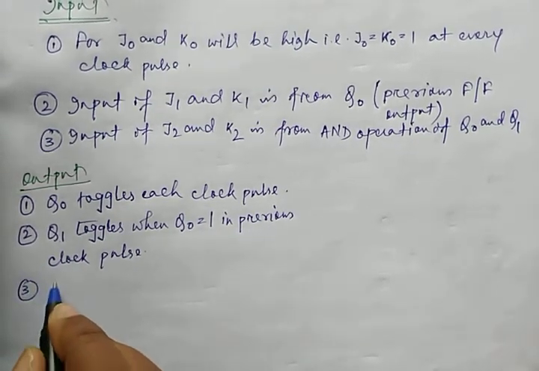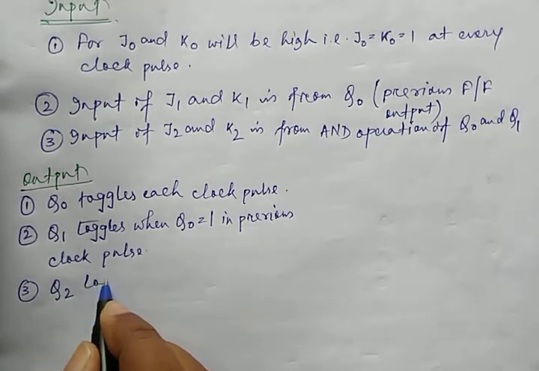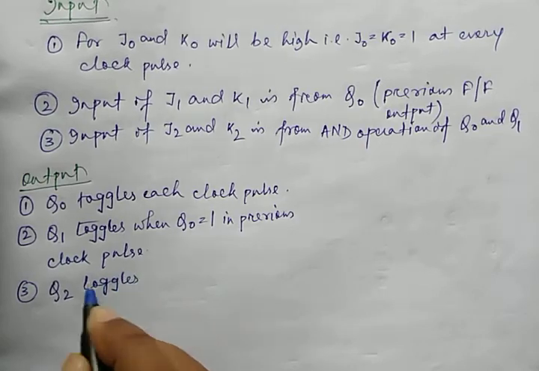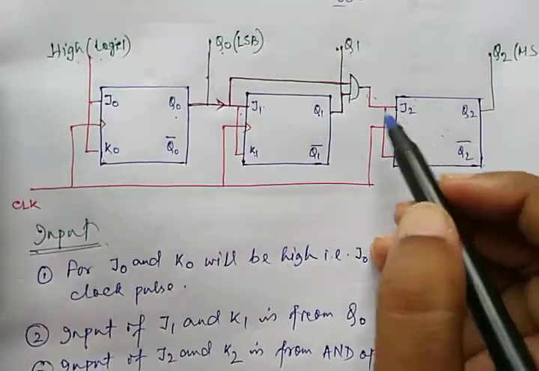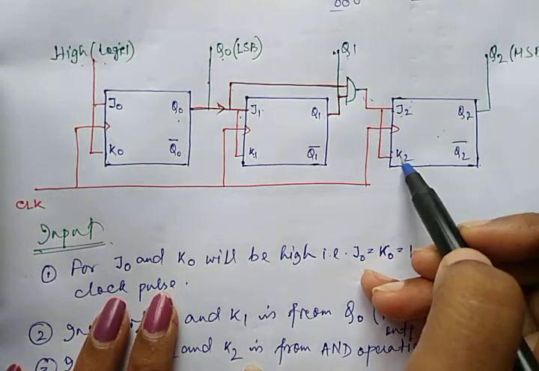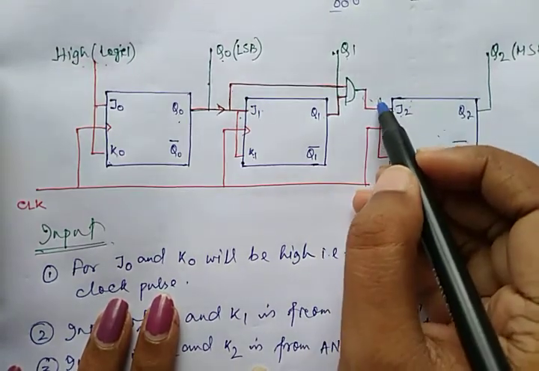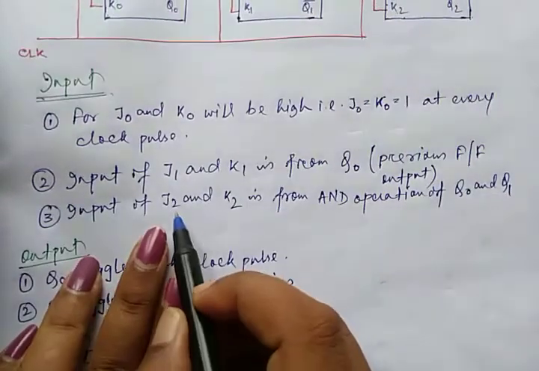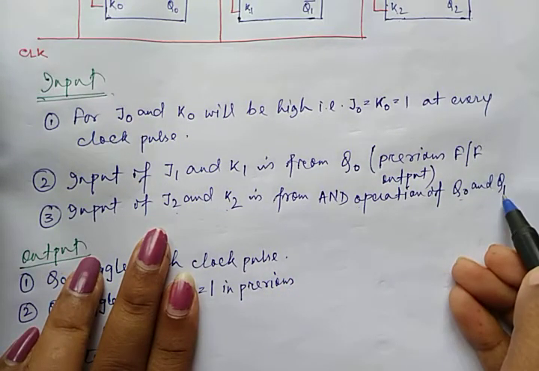And third is our third output, Q2. Q2 toggles when J2 and K2 both are 1, as J2 and K2 get their input from the AND operation of Q0 and Q1.